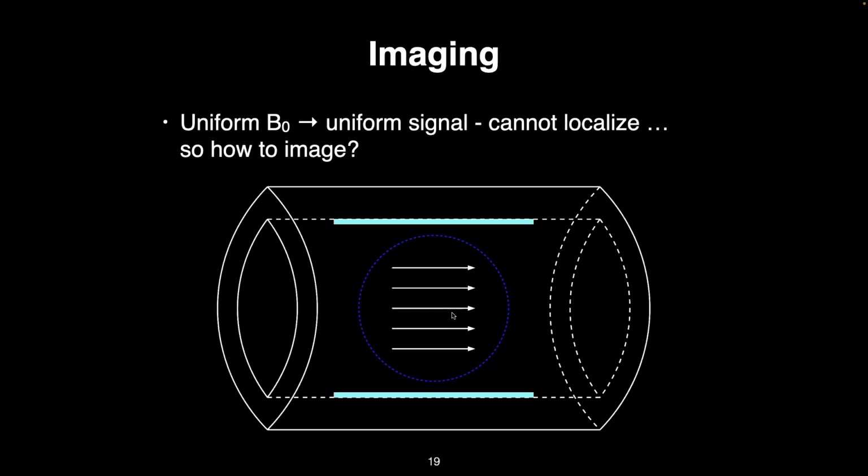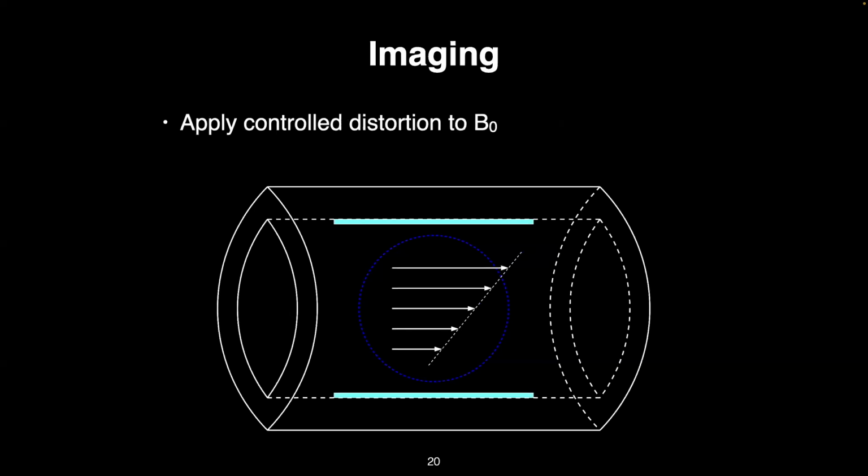So if we wanted to get location information out of that, what Lauterbur figured out was you apply essentially a controlled distortion to that main field. In most cases, it's a linear distortion or something close to linear.